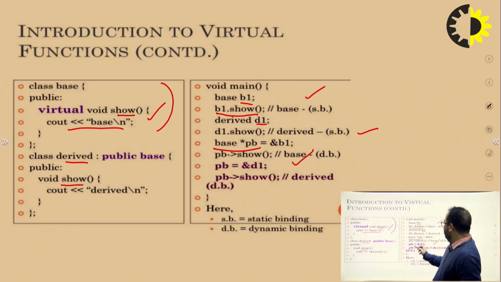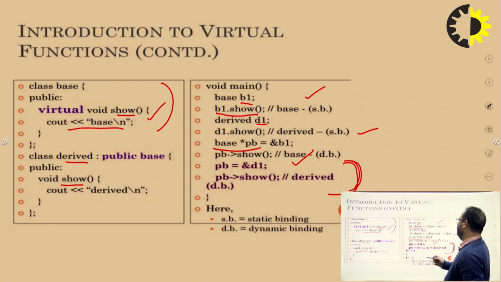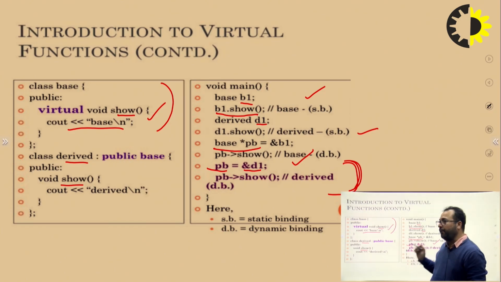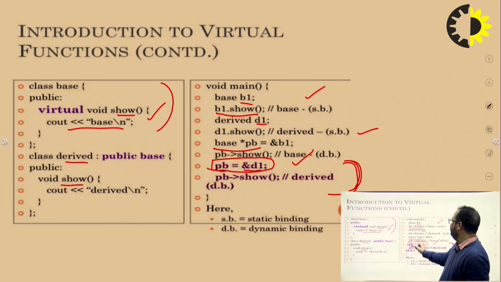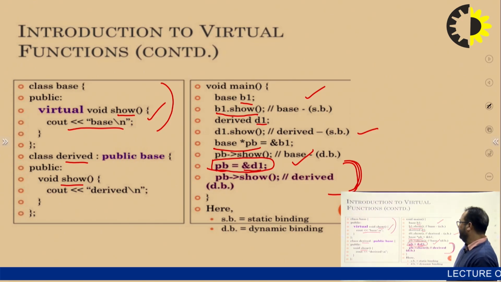Now, this is the main highlighted point. This base class pointer PB is now going to store the address of a derived class object, that is D1, because D1 is a derived class object, and this base class pointer is now pointing to the derived class by this assignment.